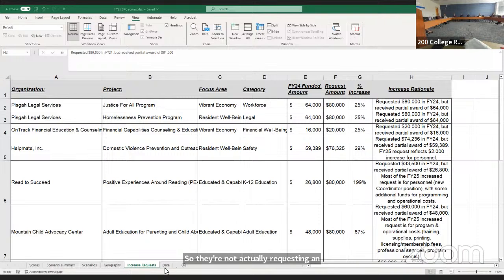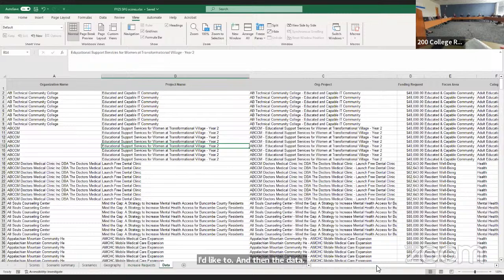So that's just that information that we included there in that increased rationale to kind of look back on if you all would like to. And then the data tab is just all of the raw data from all of your responses, which is a lot to look at.